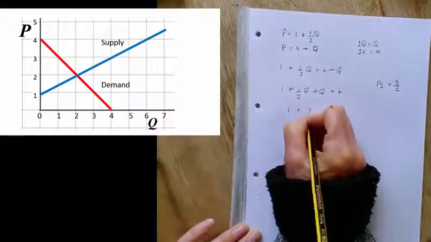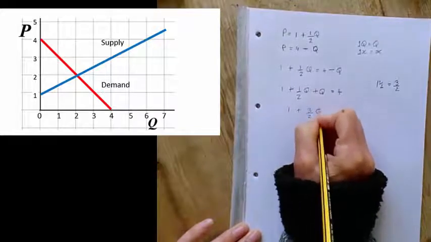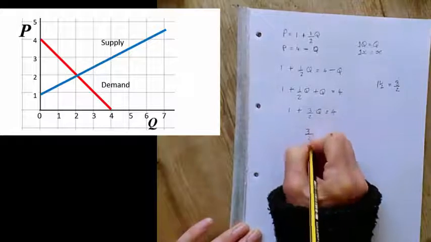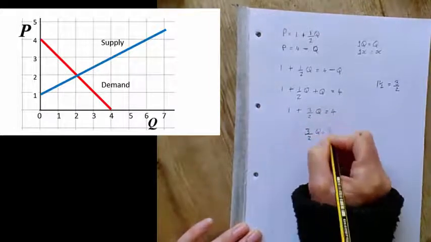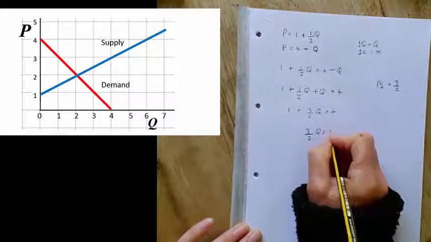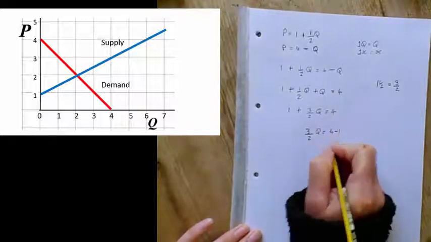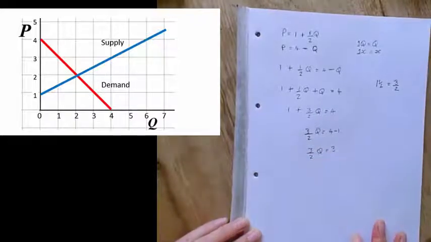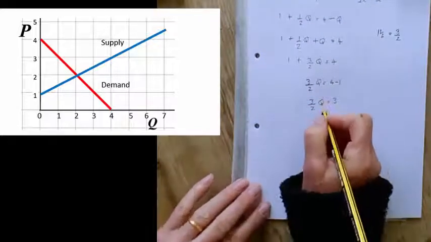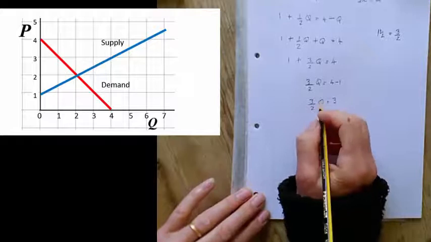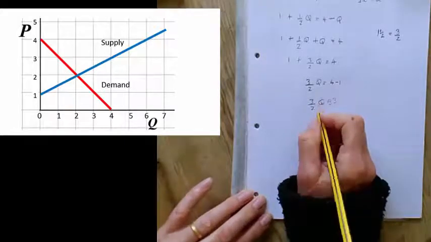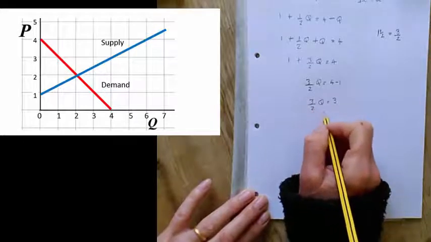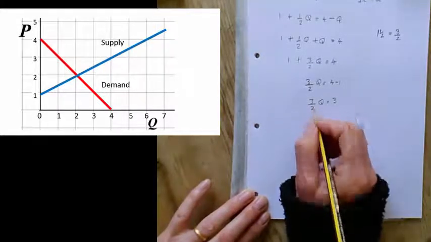1 plus 3 over 2 q equals 4. We want to bring this 1 over: 3 over 2 q equals 4 minus 1 is, well, let me write it longhand, 3 over 2 q equals 3. So now I want to get a single q out of that. So how am I going to do that? Well, if I multiply both sides by 2, I get rid of the 2 on the bottom there.